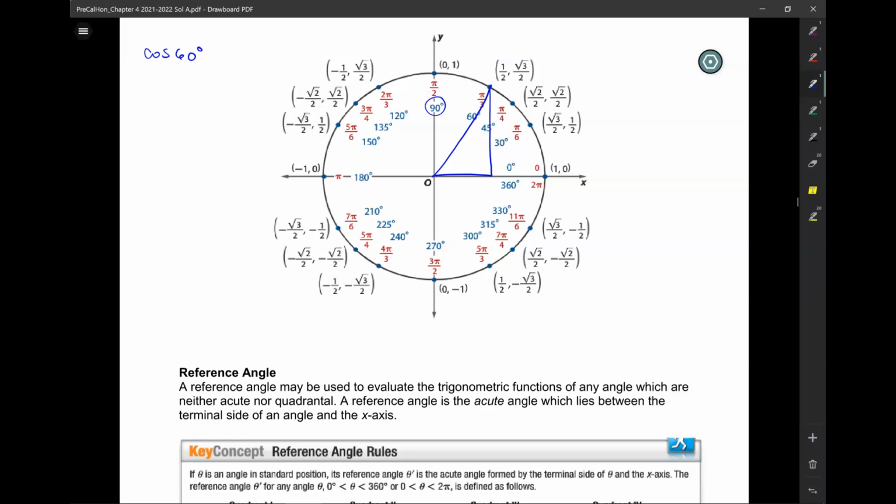So I go horizontally a short distance and vertically a longer distance. Because the horizontal is the short distance, I know that that's the 1/2. Why do I know that? Because that's a 30, 60, 90 triangle, and there are only two possibilities for the side. 1/2 and root 3 over 2.